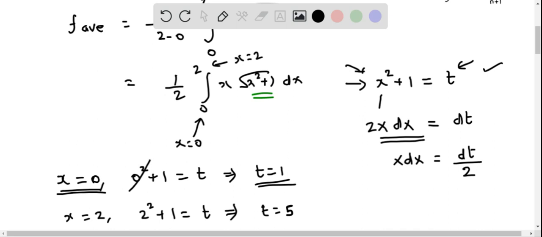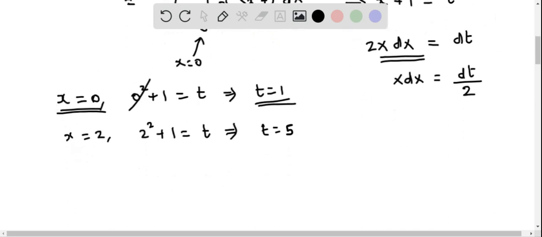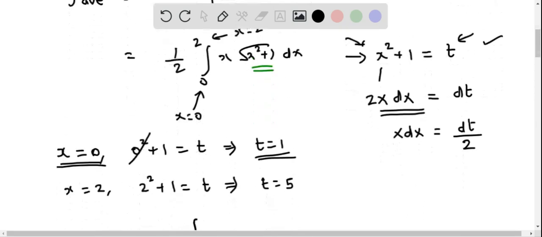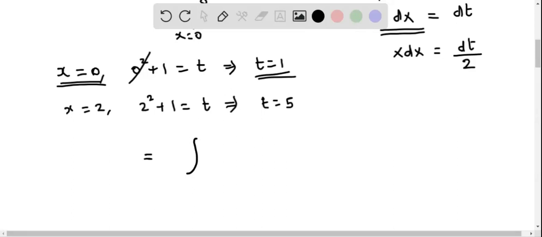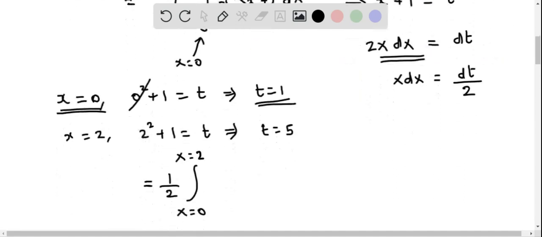when we apply this substitution, let me rewrite this integral which we have currently. That is, we have 1 over 2, and the limits of x are x equal to 0 to x equal to 2, and then we have x times the square root of x squared plus 1 dx.